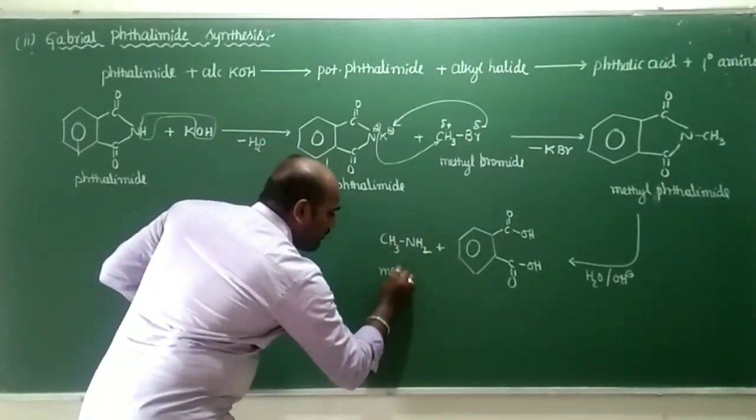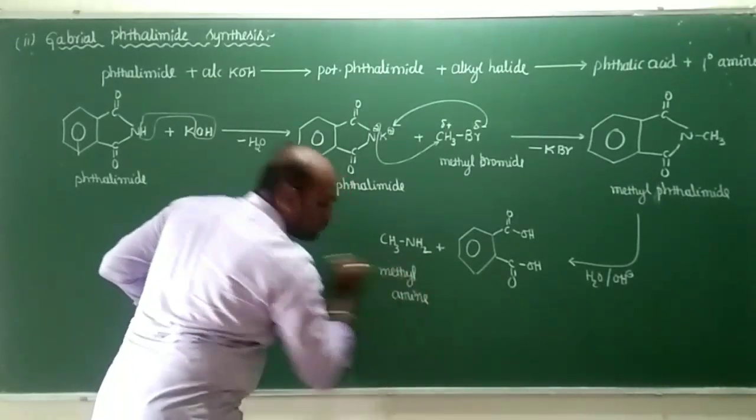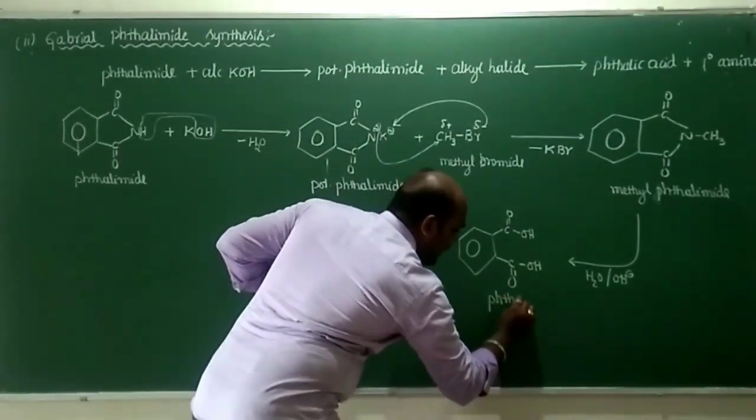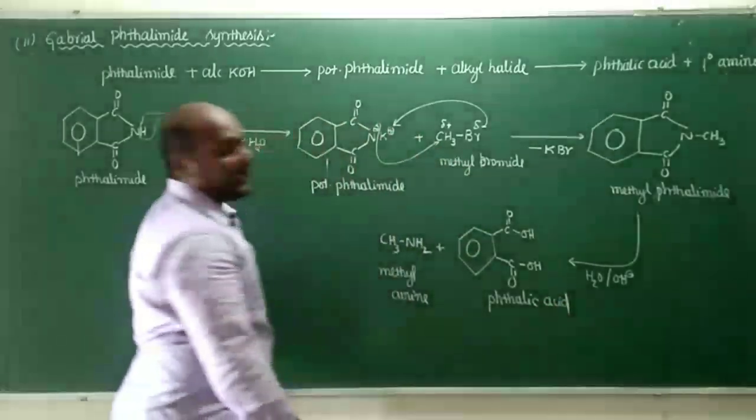That means here we got methyl amine, and this is phthalic acid which is an aromatic dicarboxylic acid.